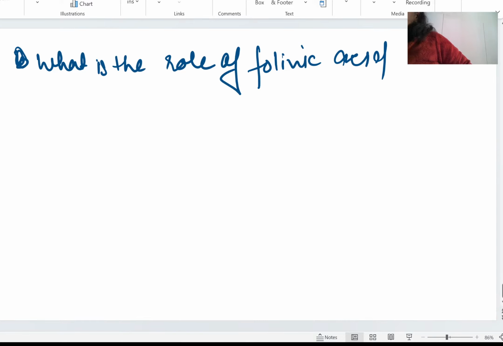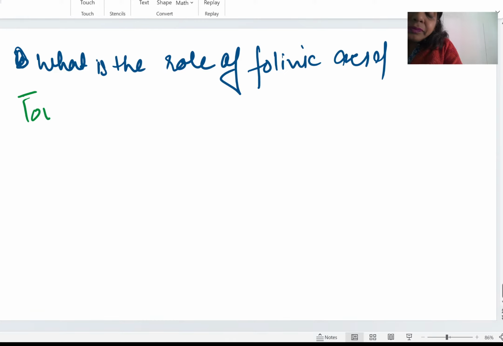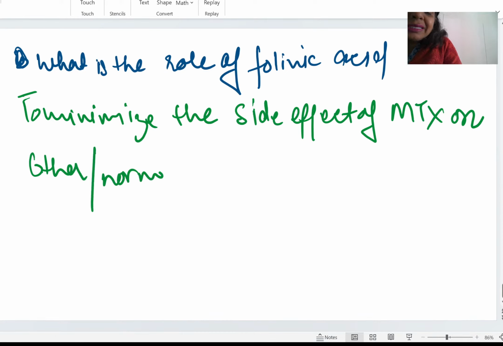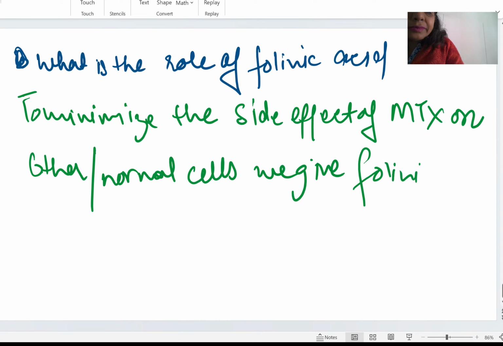To minimize the adverse effects or side effects of methotrexate on normal cells, we give folinic acid. It is the antidote.